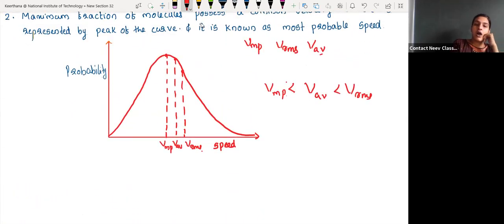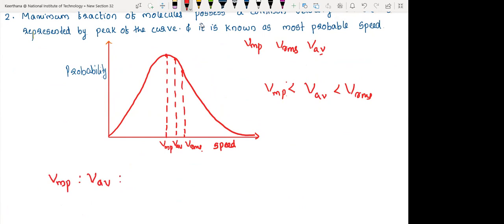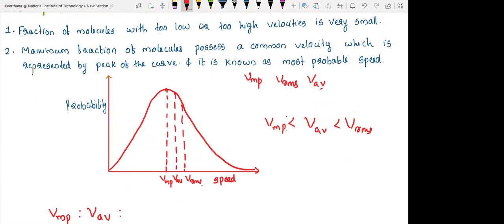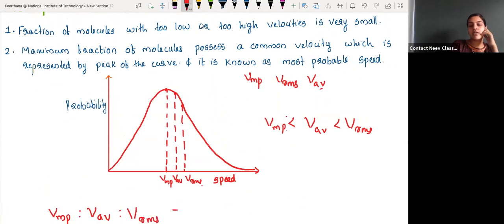So what is this ratio? VMP is to V average is to VRMS.